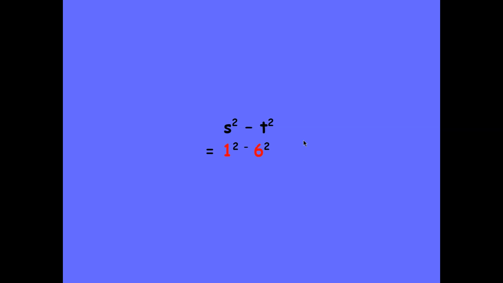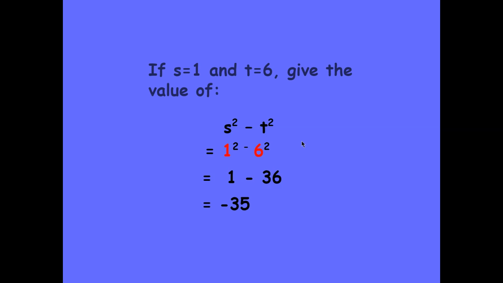So if s is 1 and t is 6, then we're substituting 1 in for s, we're substituting 6 in for t. 1 squared, 1 times 1. 6 squared, 6 times 6. 1 take away 36 is negative 35. And remember, you can use your calculator when you're doing the actual calculations here.